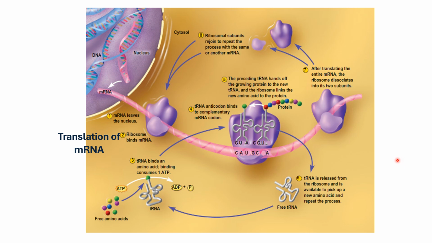So here you can see the genetic information is in the DNA, which is in the nucleus. The DNA polymerase has read the DNA, and it has created a mRNA. That's the mRNA which is created, and the mRNA will leave the nucleus and it will reach the cytoplasm.